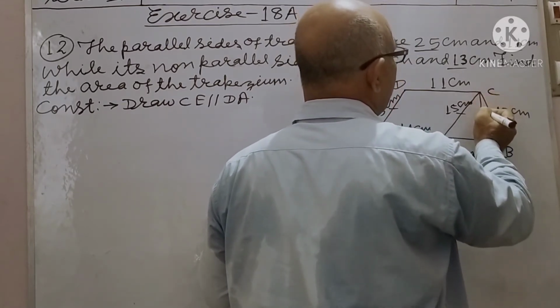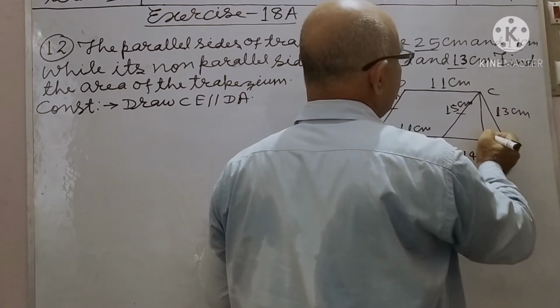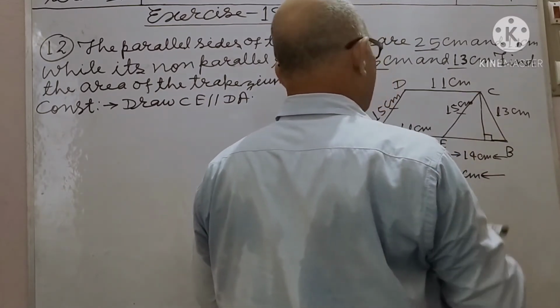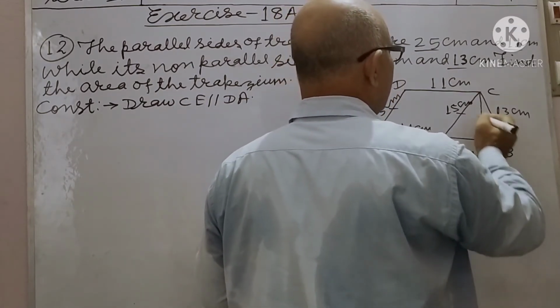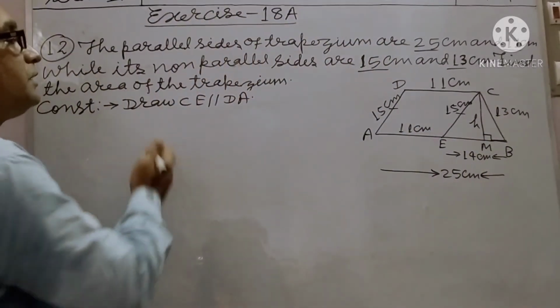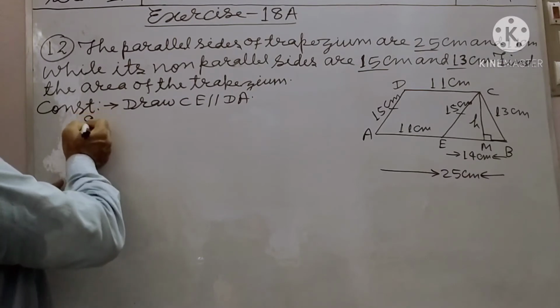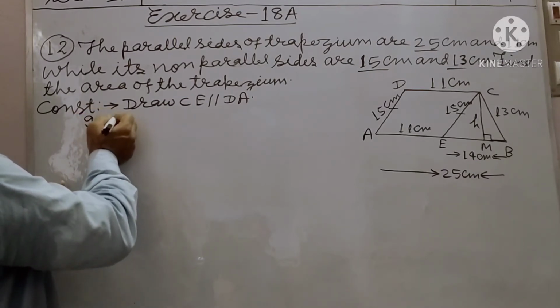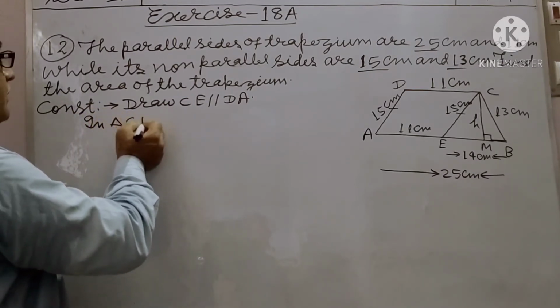Construct a perpendicular CM perpendicular to AB. Let CM equal to h, height. So find height in triangle CBE.